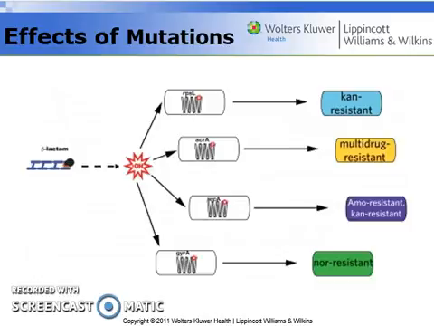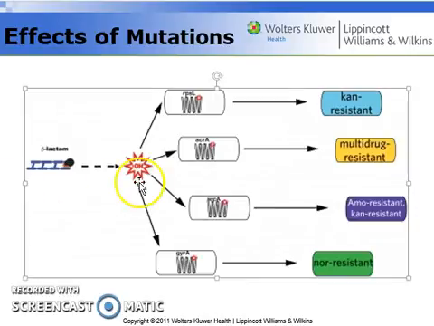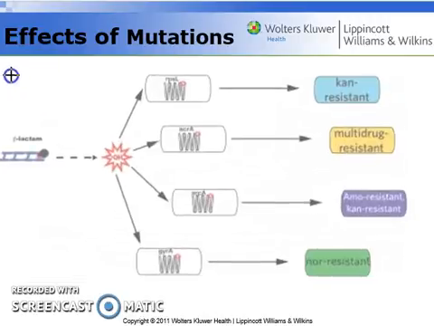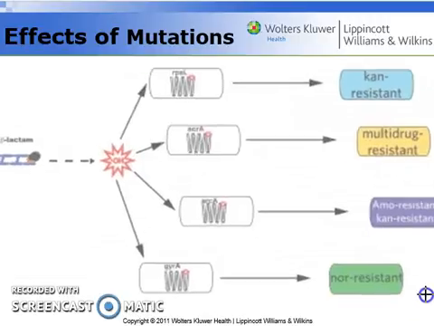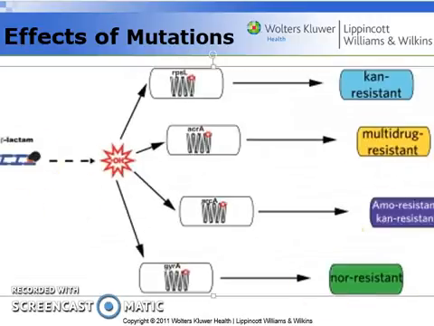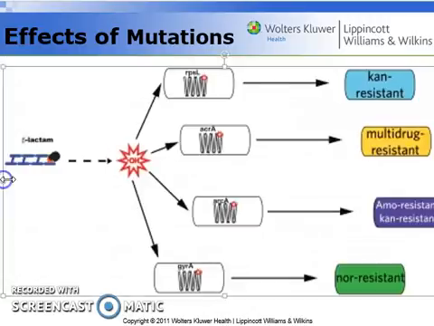So here are some effects of mutations. This primarily relates to those of bacteria. And the best example that we have in bacteria regarding mutations is that of antibiotic resistance. There are some antibiotics out there that use a specific molecular structure that's known as a beta-lactam ring structure, and that's what this molecule is right here.